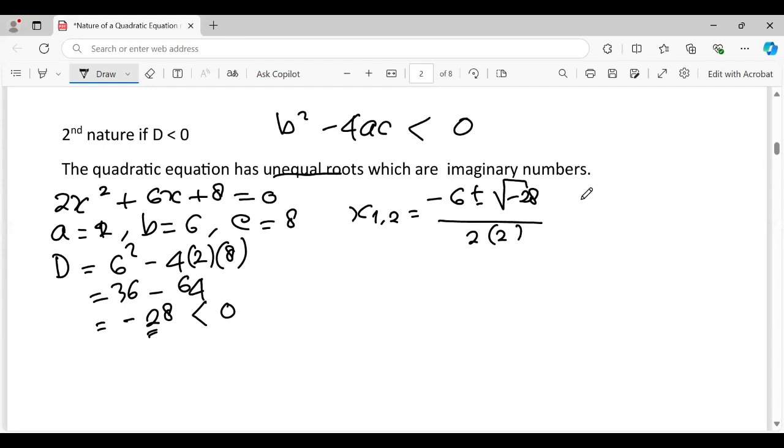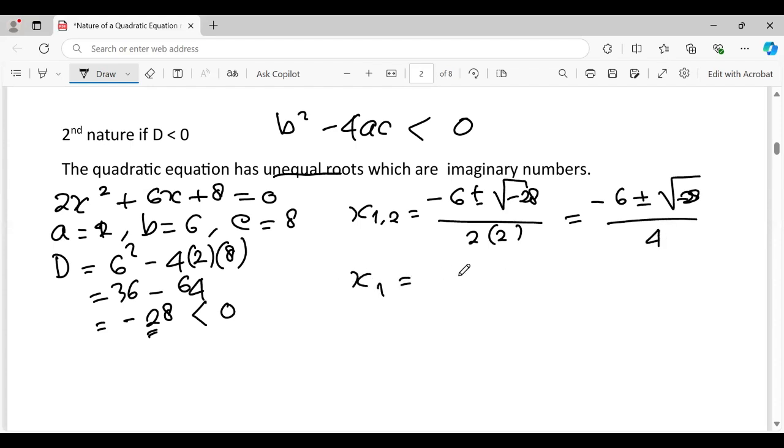Okay, so it becomes minus 6 plus minus, we cannot simplify this, over 4.